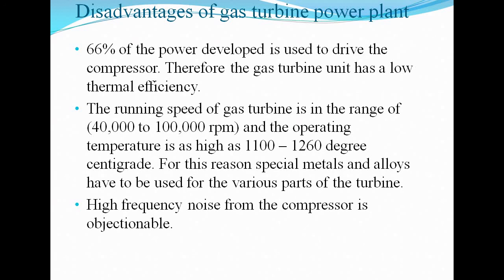So for this reason, special metals and alloys have to be used for the various parts of the turbine. As I already told you, the hot gases from the combustion chamber are imparted on the turbine blade. So the turbine blade should withstand that particular temperature. For that reason, special metals and alloys are used so that it will withstand this temperature.